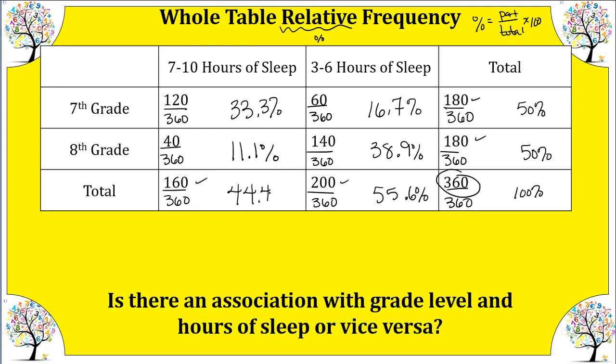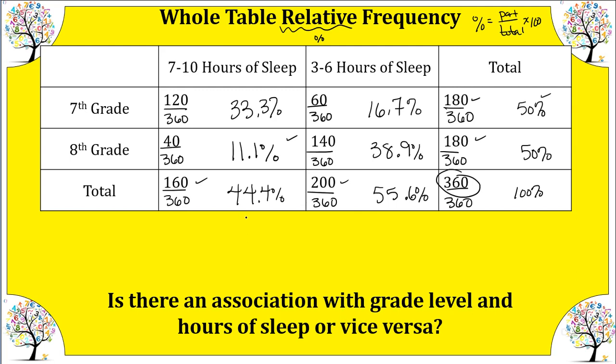Okay, now that we have all of our percentages, let me just give you some examples of the questions that would be asked when you use the whole table relative frequency. A question that says, of those that were surveyed, what percent are in 7th grade? And we would say 50%. We could be asked, of those that were surveyed, what percent are 8th graders that sleep 7 to 10 hours? This would be 11.1%.